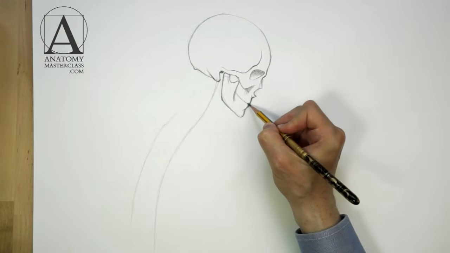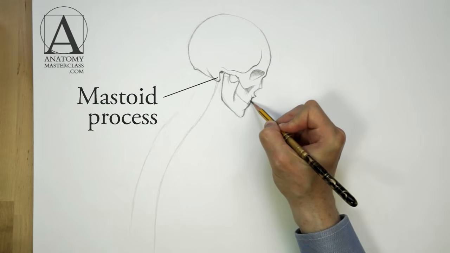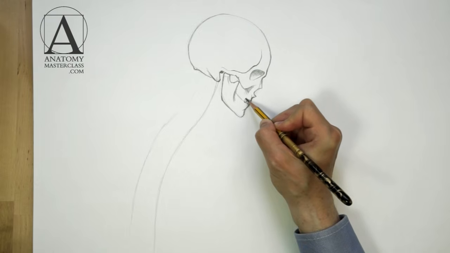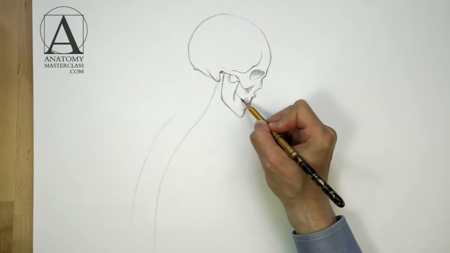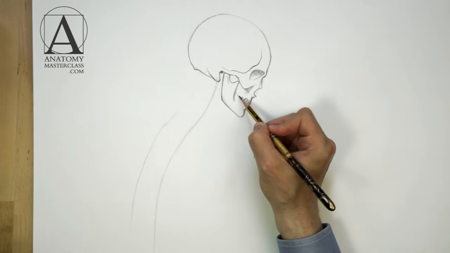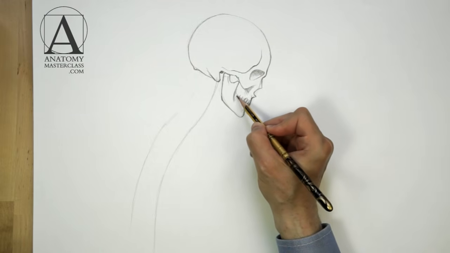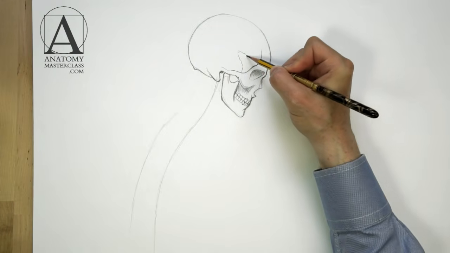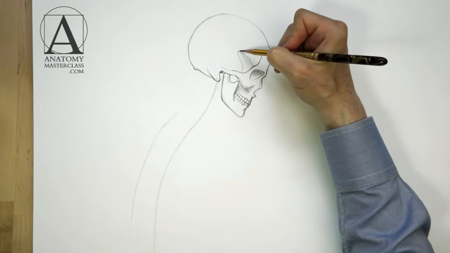Right behind the air channel, there is the bony process on the base of the skull. This is the place where the neck muscles attach to the skull. The cranium section of the skull consists of 8 bones.